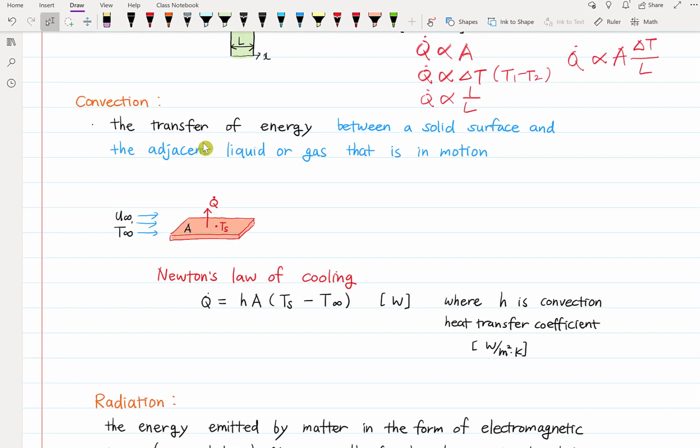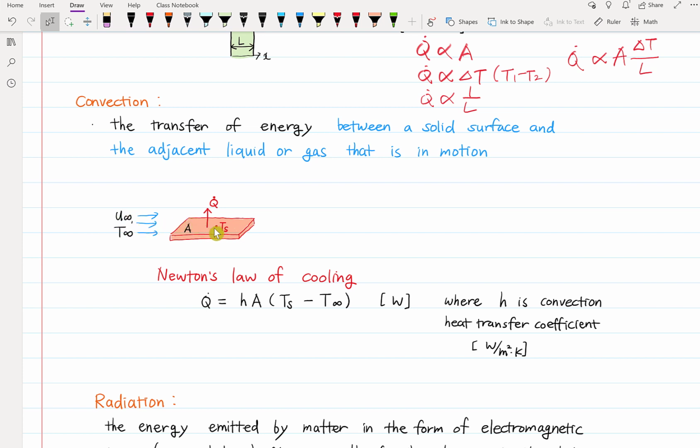Convection is the mode of heat transfer between a solid surface and the adjacent liquid or gas that is in motion. Consider a plate with a temperature Ts, and fluid flowing across the plate with a temperature T infinity and velocity U infinity.